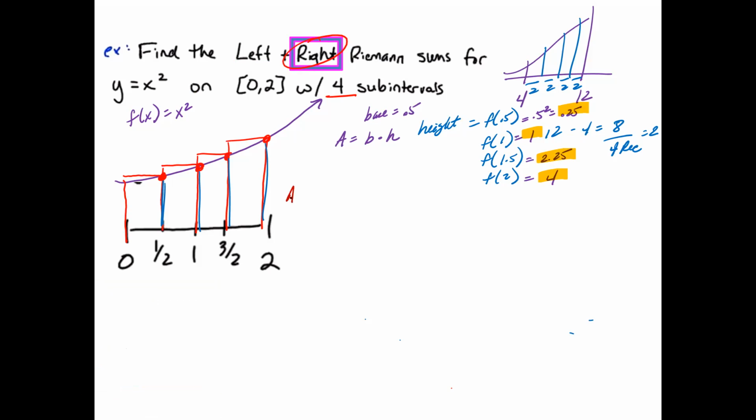Okay, so then let's find the area of these. Area is going to be area 1 plus area 2 plus area 3 plus area 4. The first area is your base, which is 0.5, times the height, 0.25. Area 2 is the base, 0.5 times 1. Area 3 is the base, 0.5 times 2.25. And lastly, the fourth area is 0.5 times 4.